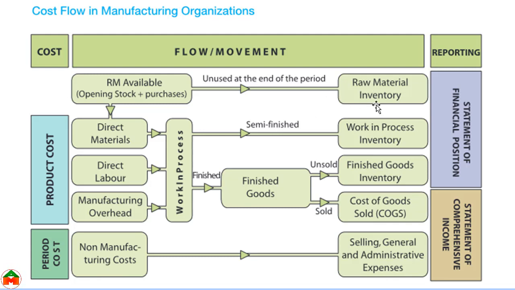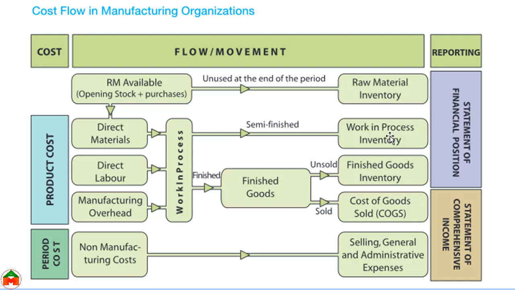And for reporting purposes, raw material inventory, work in process inventory, and finished goods inventory, these three items should be reported in the statement of financial position as a current asset. I am repeating: raw material inventory, work in process inventory, and finished goods inventory.